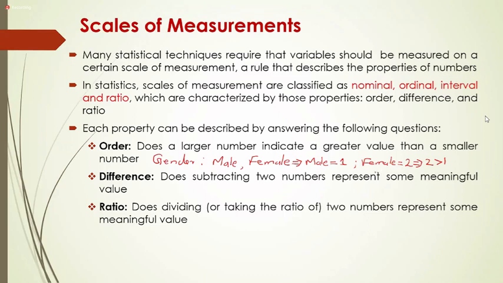And then from this assignment, we make the statement 2 greater than 1. Numerically, this is correct. But in this context of measurements for gender, can we say that 2 is greater than 1? Yes or no? Any student?